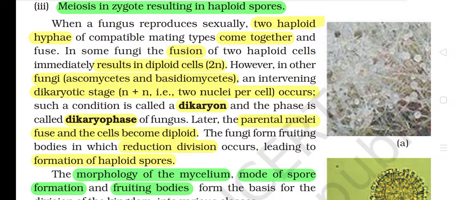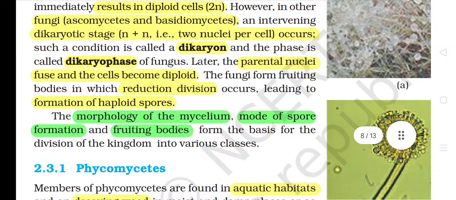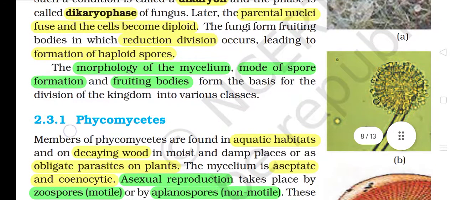Such a condition is called a dikaryon and the phase is called dikaryophase of fungus. Later, the parental nuclei fuse and the cells become diploid. The fungi form fruiting bodies in which reduction division occurs, leading to formation of haploid spores. The morphology of the mycelium, mode of spore formation, and fruiting bodies form the basis for the division of the kingdom into various classes.